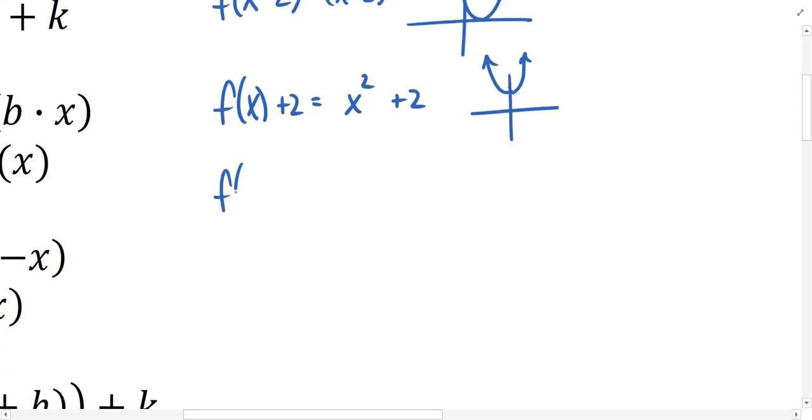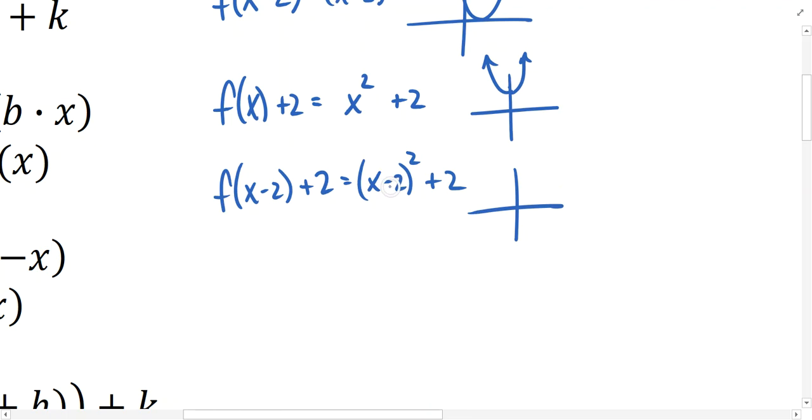If we were to combine both, say f of x minus 2 plus 2 on the exterior, and have a somewhat complicated looking equation like this, x minus 2 squared plus 2, well, that's going to account for both a horizontal shift and a vertical shift simultaneously, and our parabola would have been shifted to the right 2 units as well as up 2 units, and now would be located here in this position.